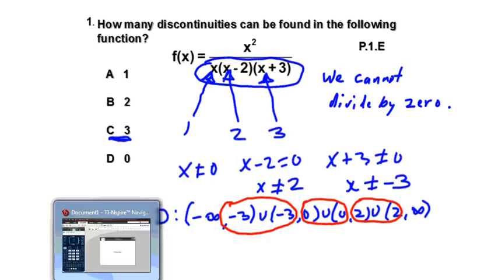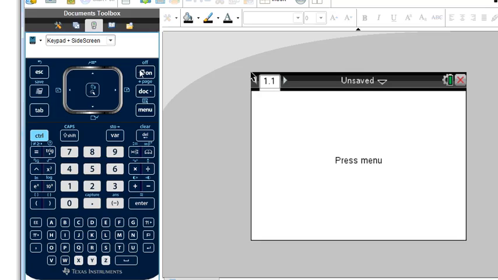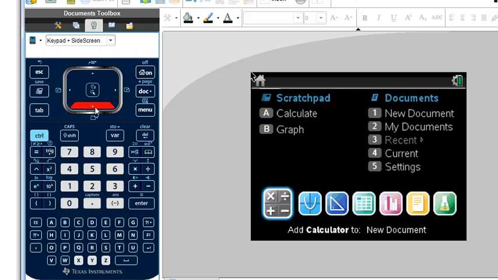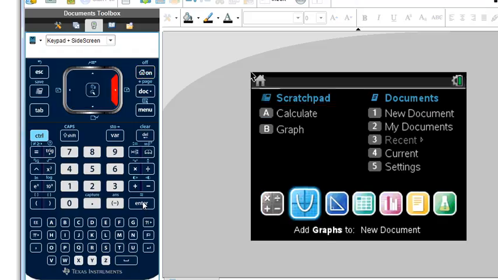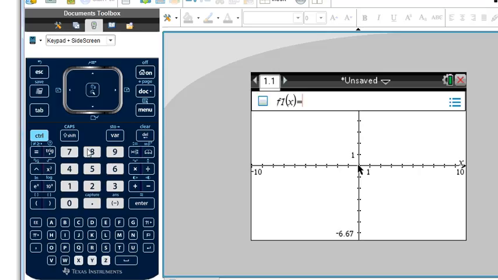Okay, we go to our graphing calculator, we plug in, we go to get a graph here. You should have already answered this and not have to go to the graphing calculator, but in case you do, we go ahead and put in this.